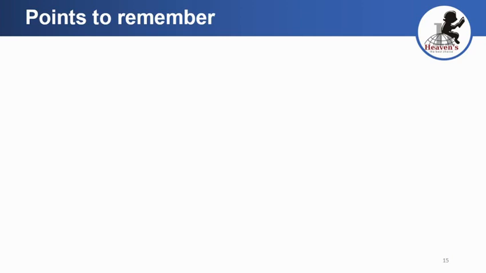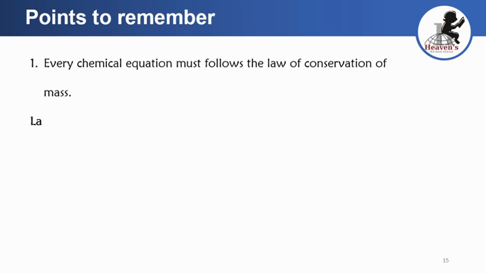So points to remember: every chemical equation must follow the law of conservation of mass. Each and every chemical equation must follow the law of conservation of mass, then only it is a balanced chemical equation.